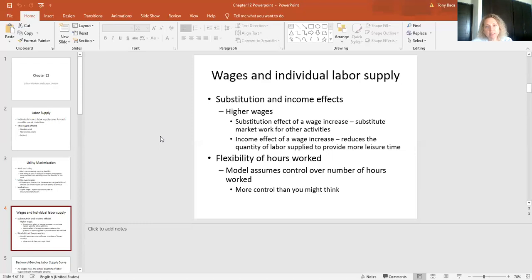But then something typically happens at a threshold that is different for every single one of us at different points in our life. And that is something we call the income effect of a wage increase, which says that there comes a point for all of us where we're increasing wages, giving more hours, increasing wages, giving more hours, and we say, we don't want to give any more hours.